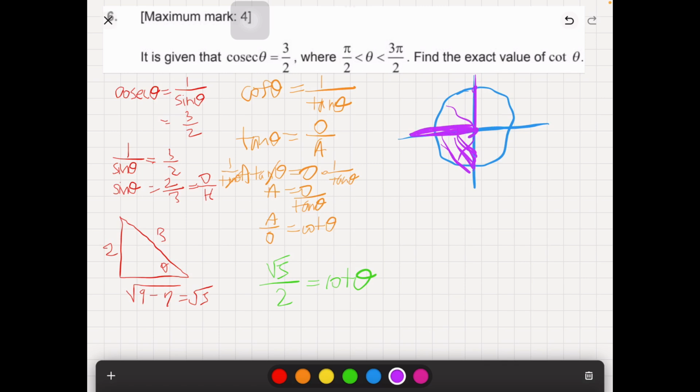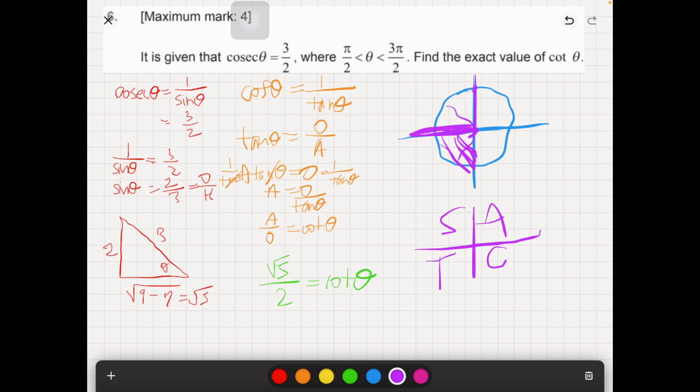And in this quadrant, we don't really know the relationship between the sine and cotangent theta, but we do know the relationship for tan theta. Remember the CAST rule. In this quadrant, sine is positive. And what's the significance of that?